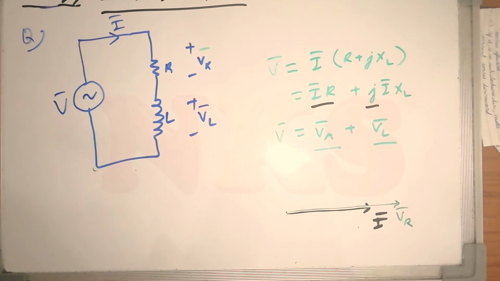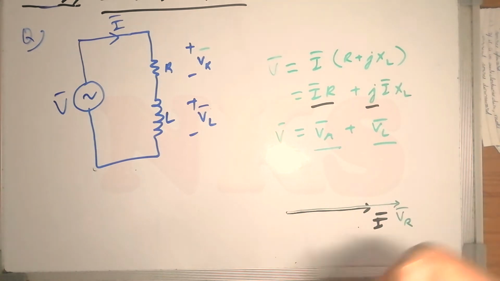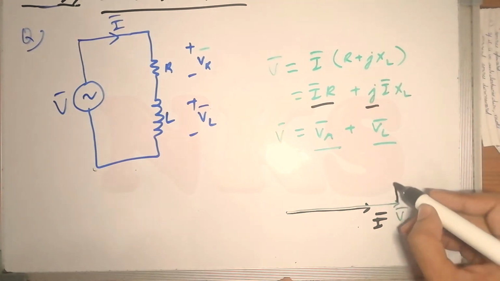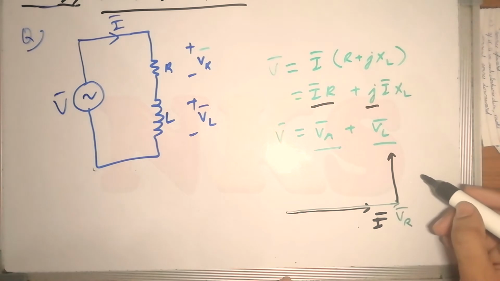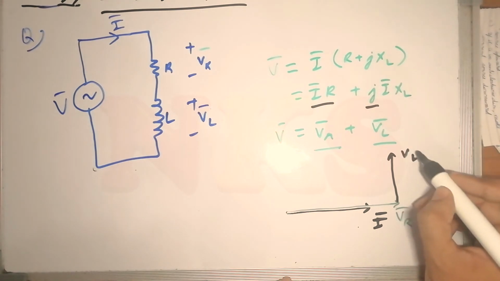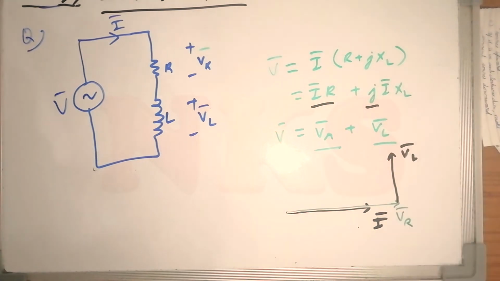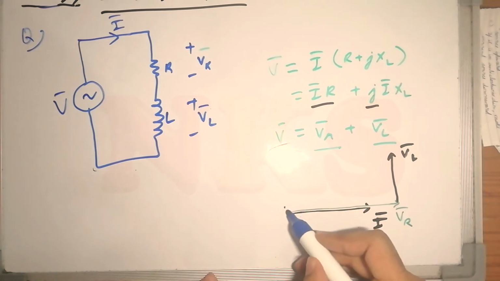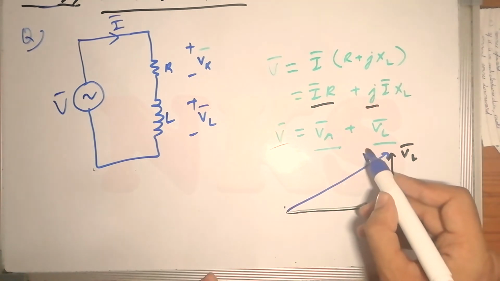I have told you the quality of the j operator, that it shifts the phasor 90 degrees anti-clockwise. So I will add I bar XL to this phasor, and it will come out like this. This is my VL phasor. The sum of these two phasors is the total voltage, that is the supply voltage. So this is my V.